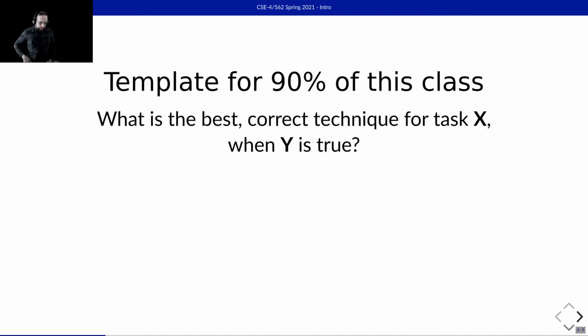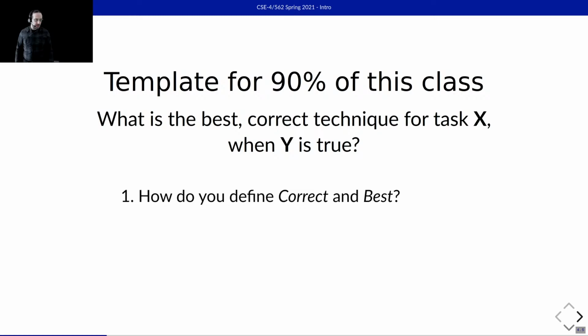To that end, the majority of this class is going to boil down to this: I have some specific task I want to accomplish. I have some constraints on that task. And I want to figure out how I solve that task efficiently. In order to do that, first I have to define for myself what it means for a solution to that task to be correct.